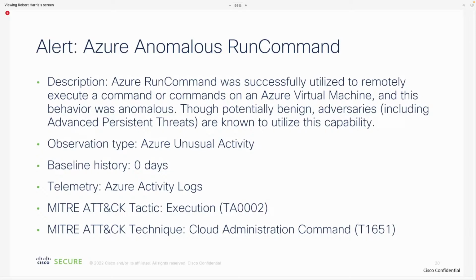There are no baseline history requirements for this, so as soon as we see this actually occur, we will fire off this Azure anomalous run command alert. Again, we're looking at the Azure activity logs as our raw telemetry source, and we have this mapped to the MITRE ATT&CK framework as an execution tactic and the cloud administration command technique.